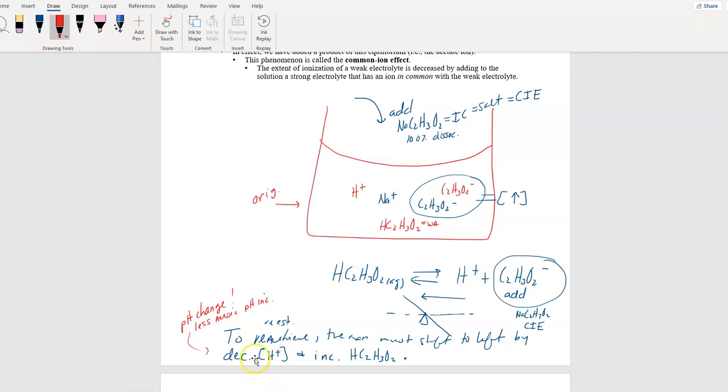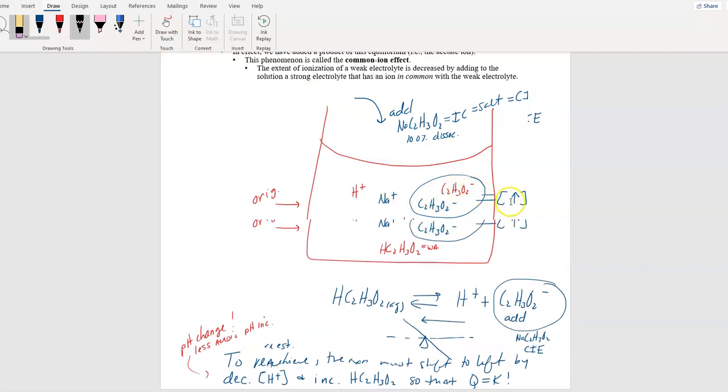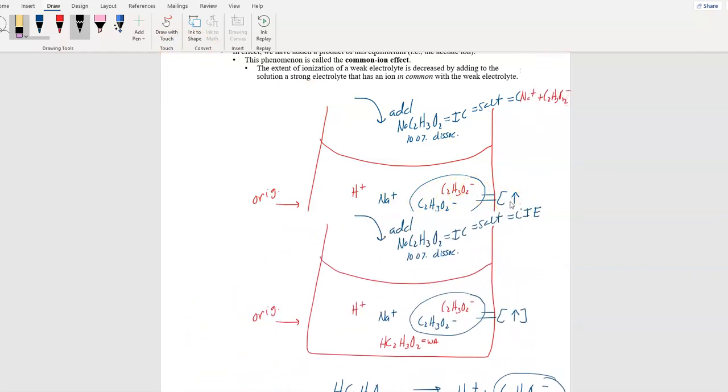Le Chatelier, ladies and gentlemen, is back. So what's the rest of my story? Because we're not going to put that period there. Decrease some H+, increase some acid, so that Q equals K. You get no love from AP without mentioning Q and K. This stress is where Q comes in.